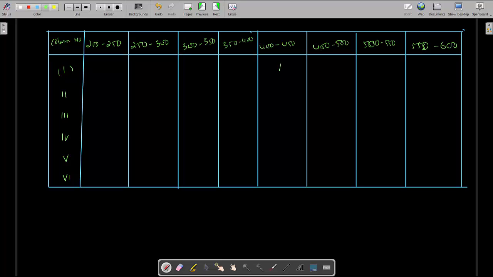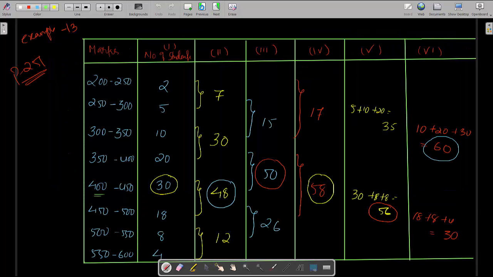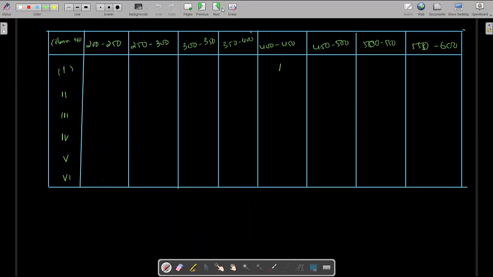Now for column 2, we have 48. We get 48 by adding 30 and 18, right? So 30 and 18 fall in 400 to 450, 450 to 500. So we give another marking here.